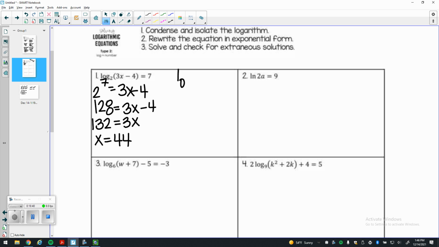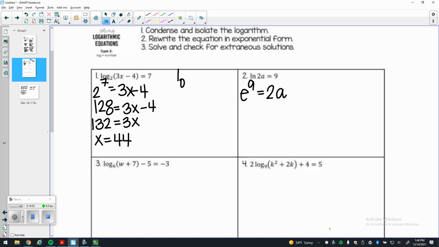Number 2 is not in exponential form. What's the base? It's e. So this becomes e to the 9th equals 2a. What do I do to get a by itself? Divide by 2. Your final answer is not going to be some gross decimal.